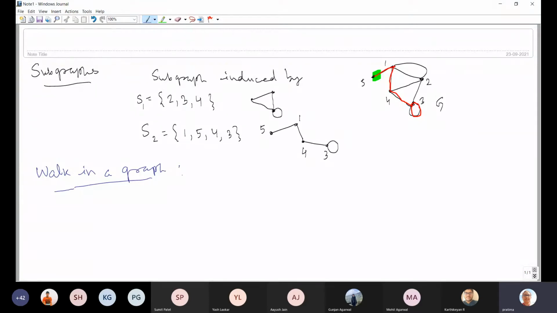So a walk in a graph consists of some vertices and edges. In this graph, let me consider some more vertices, just to explain the walk concept. Suppose you also have these edges and some more parallel edges.